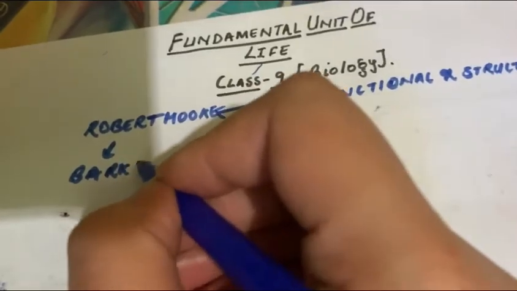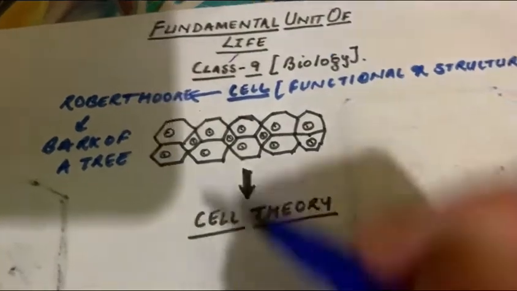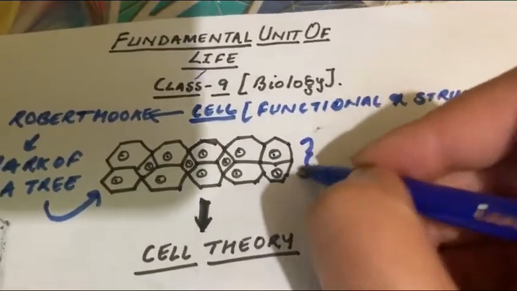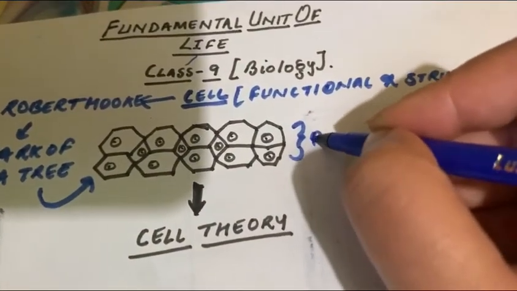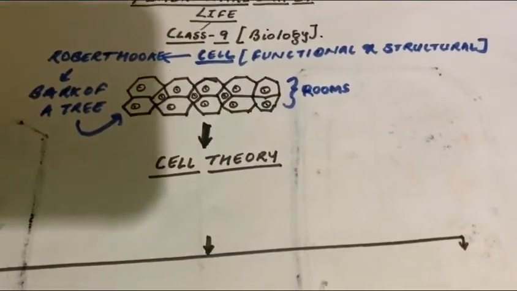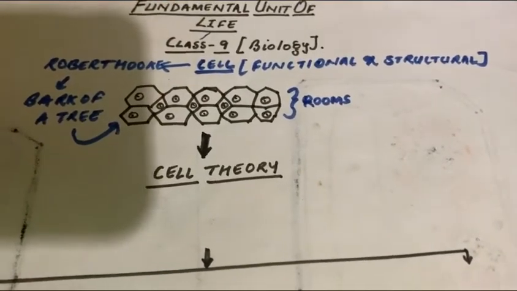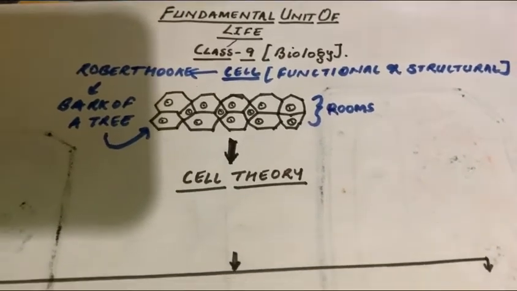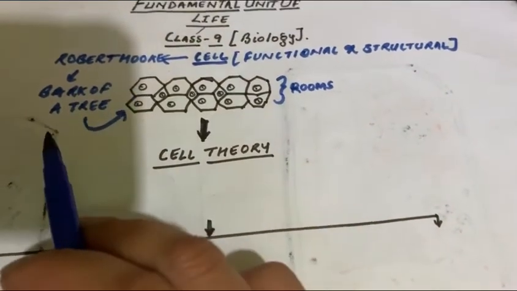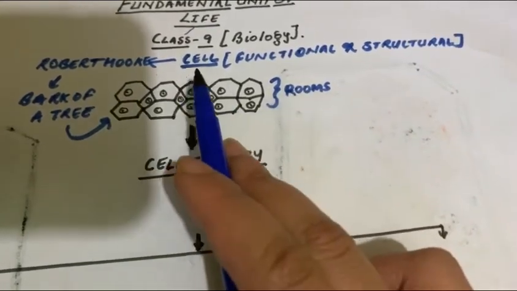He observed tiny compartments or rooms, which in Latin are called cellula, or cell, and by that the name cell was kept. So the discoverer of the cell is Robert Hooke. He saw small tiny compartments in the bark of a tree and named them cells.